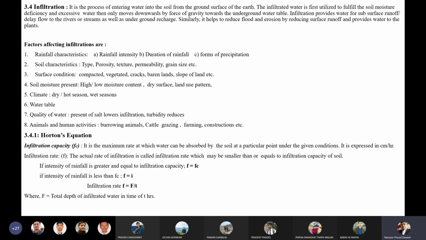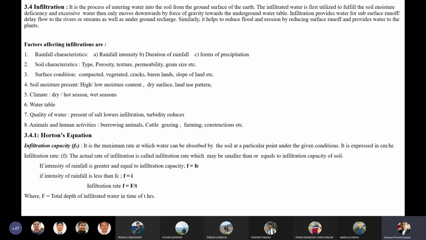So if the infiltration is high, most of the precipitated water will seep into the underground soil. So the quantity of water reaching the river or stream will be less, reducing the runoff. So the flood can be controlled in the river, and that's why infiltration is also useful for controlling floods.